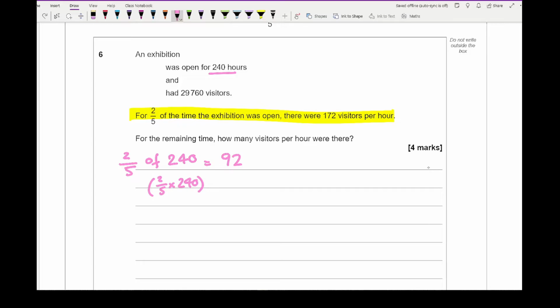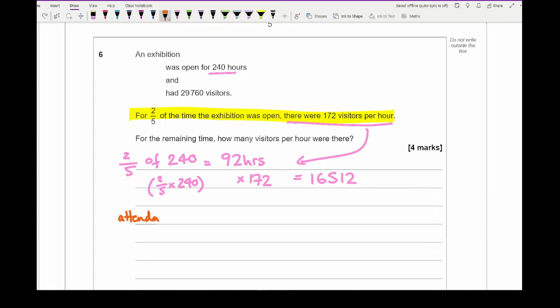Now for this, that's 92 hours, and for that 92 hours we were working on an attendance of 172 visitors per hour. So with that 92, I multiply that by 172, and I get a total attendance of 16,512.